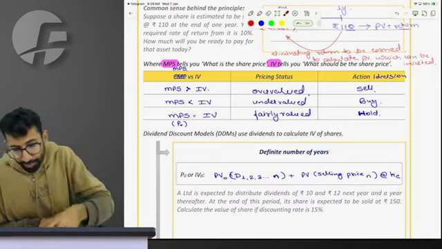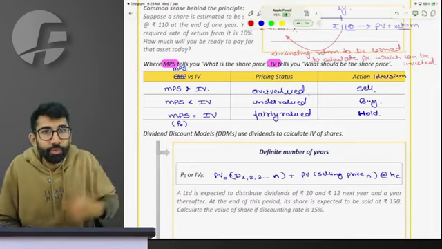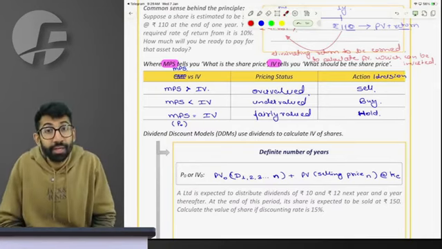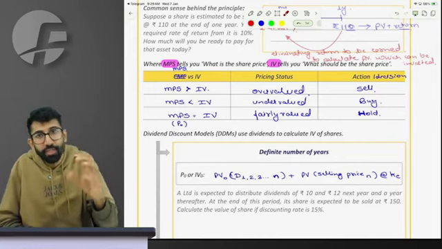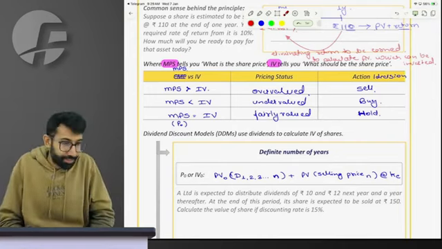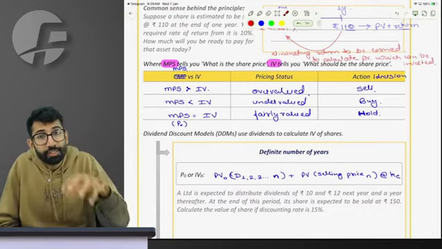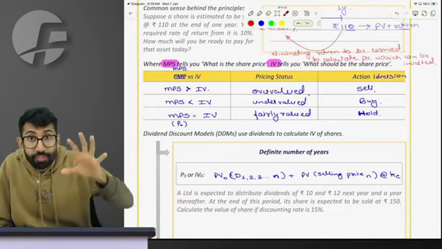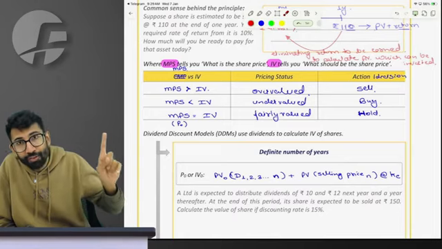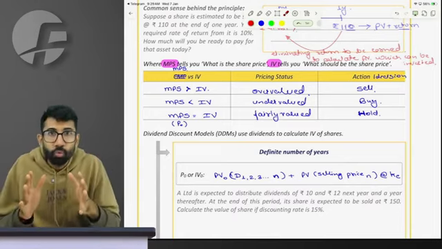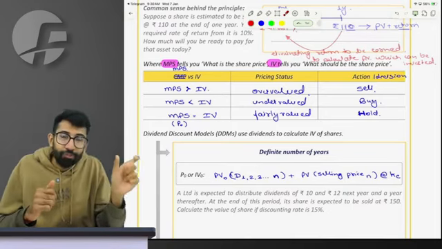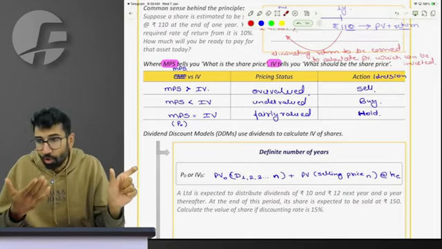Let me explain it to you in a simple example. For example, you went to the market and you realized you liked Nike, or for example, Apple iPhone. Forget Nike shoes. You found the Apple iPhone is there in the market, which has a market price of 1,50,000 on Flipkart, right? When you look at the price of 1,50,000, what do you comment?